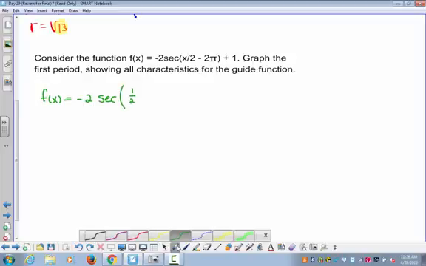So inside we have an x over 2, so we're going to factor out that 1/2 so that we have an x minus or plus something. And what is the second term inside the parentheses? 4 pi. So we're factoring 1/2 out.